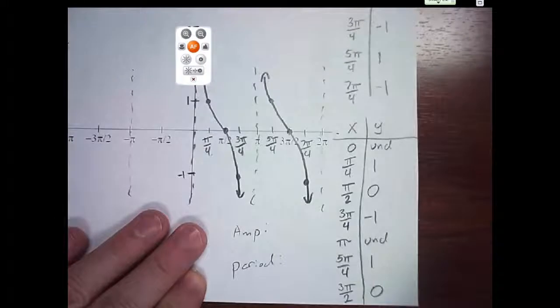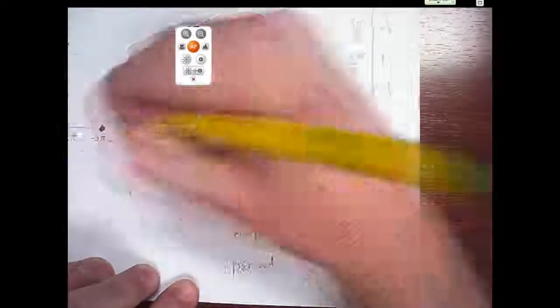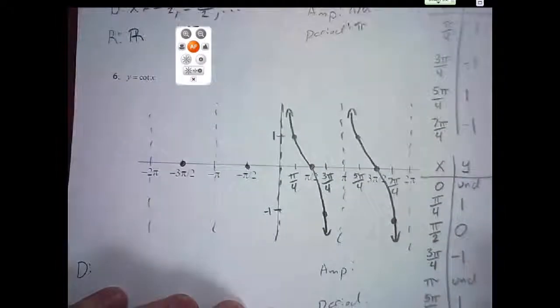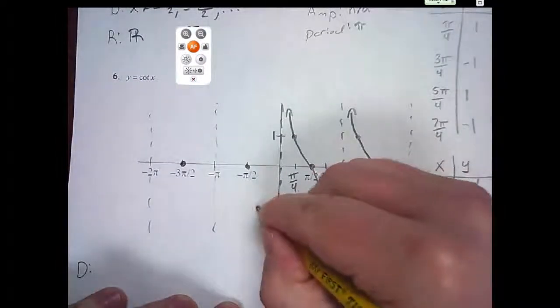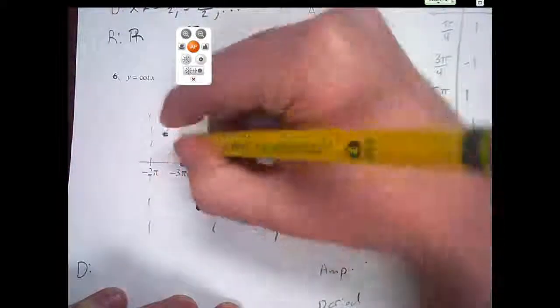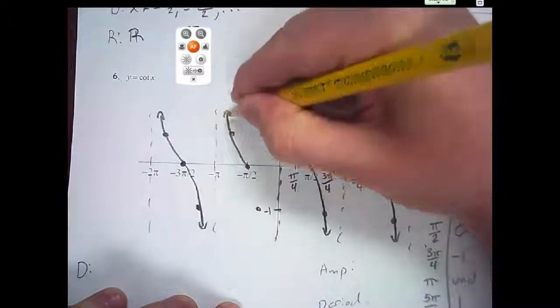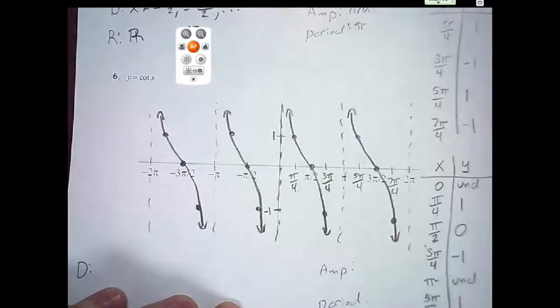So it kind of looks like that. Now, they're just going to kind of repeat themselves on the other side, okay, for the negatives. So I'm going to have a point here, and a point here, a point here, and a point here, right? So it's just like that.